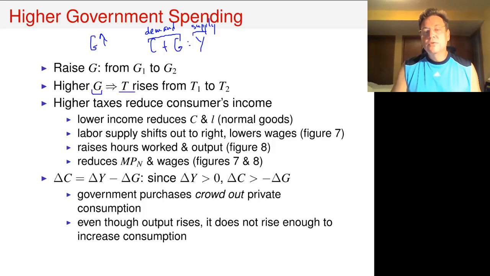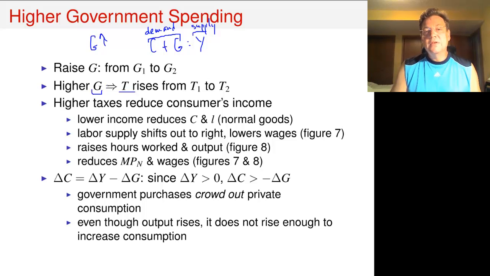Reduced demand for leisure means that the supply of labor increases, so labor supply is going to shift out and to the right, and that drives down wages. But of course, it also increases the number of hours worked, which then, through the production function, increases output.